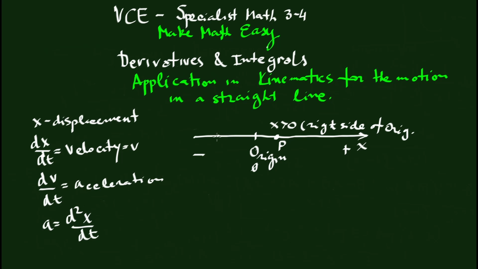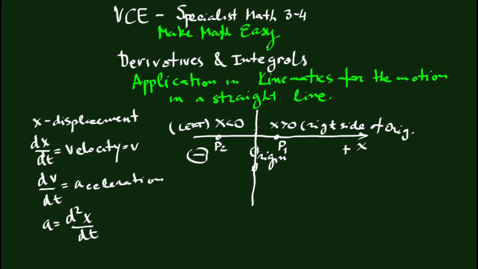If P2 is on the negative side, then x is less than 0 and it's on the left of the origin.